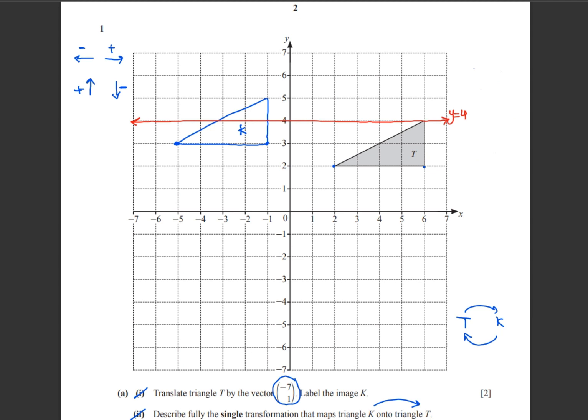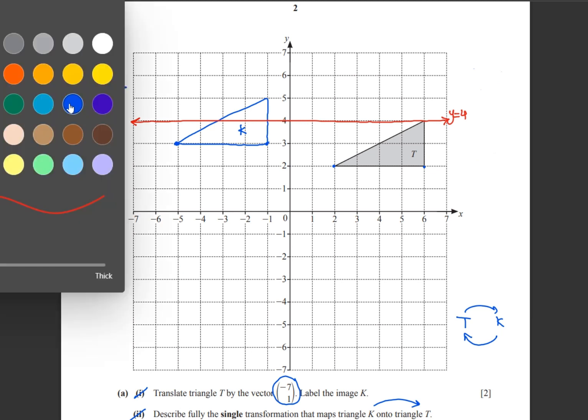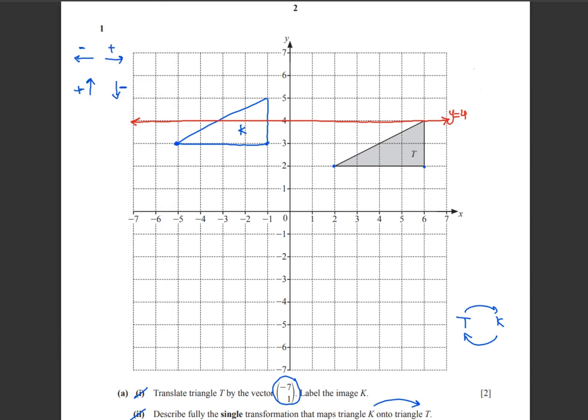Okay, so for this line which is y equal 4, how to find the reflection? If the point is on the line, that means it will be the same point. Up here, this point is 2 units far from the line. So go back 2 units. So this will be the point.